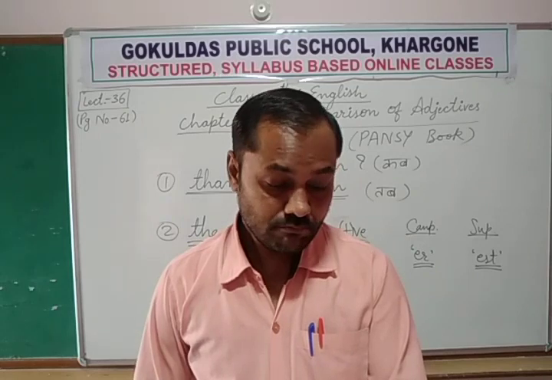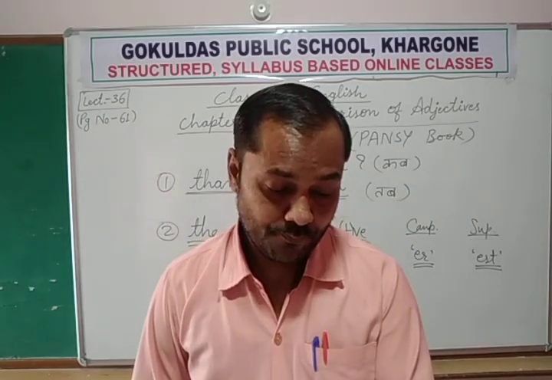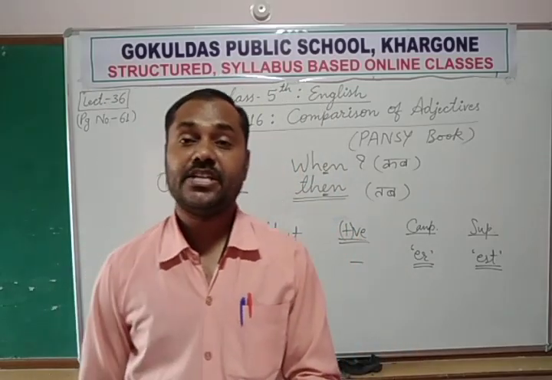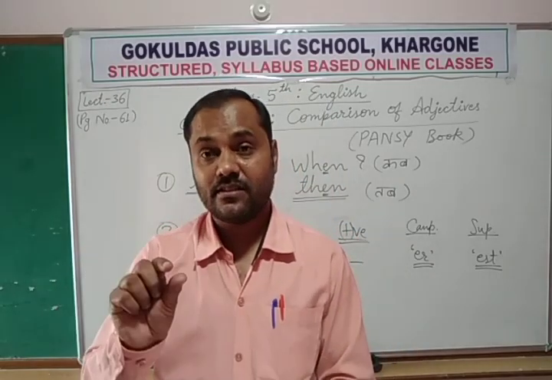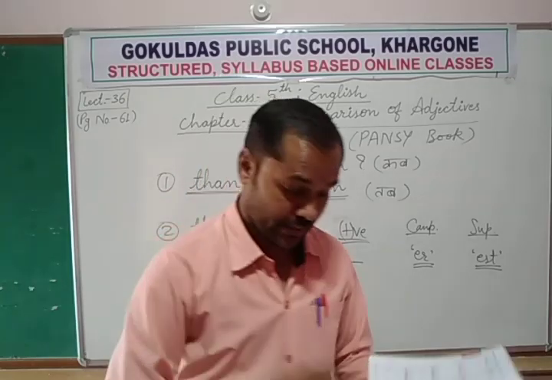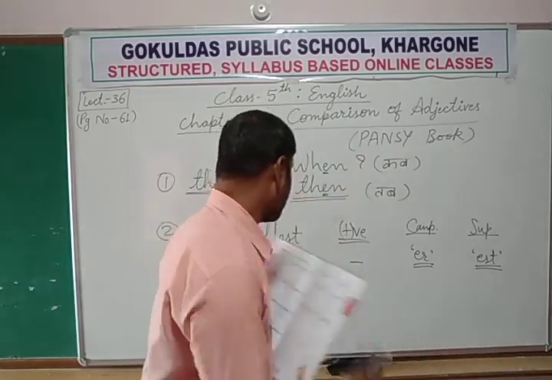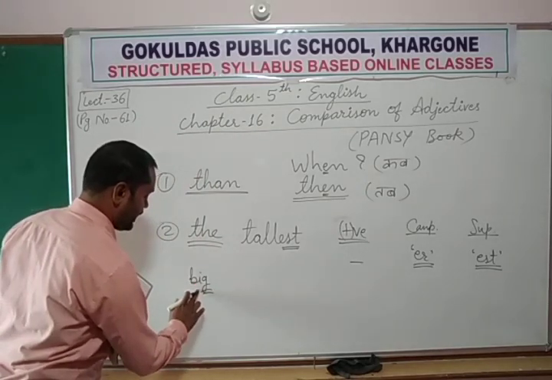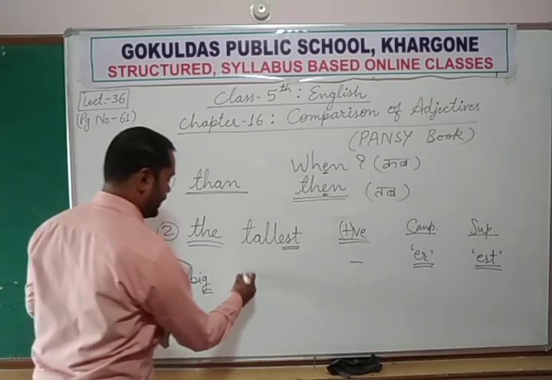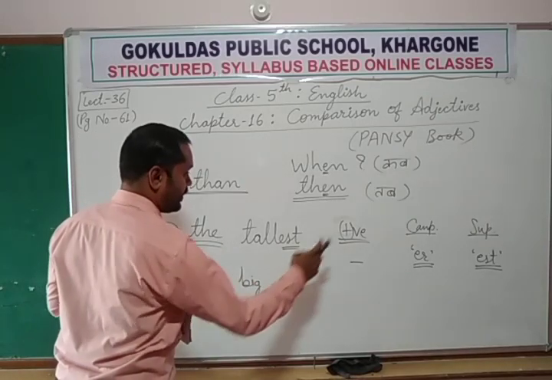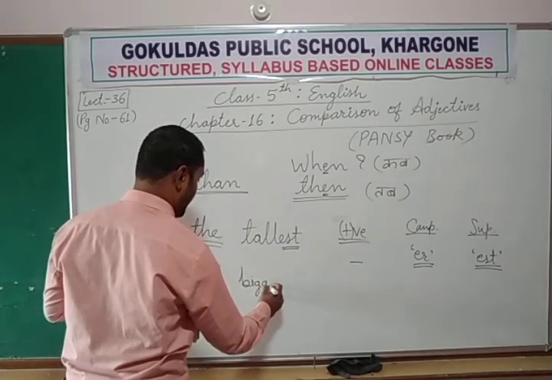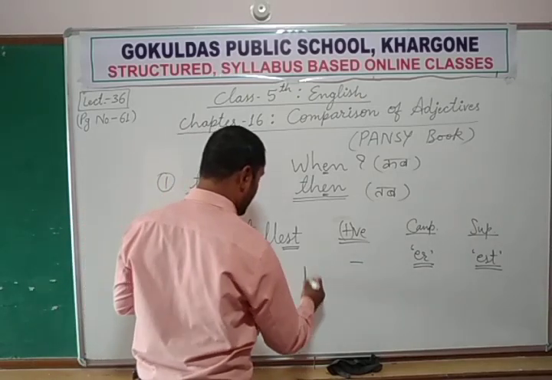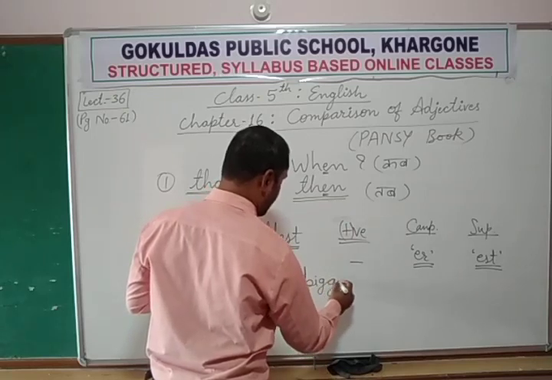Big, so bigger, and biggest. Biggest means the last letter of the word is doubled, then we add er. Here in big we have only a single letter g, but when we make it comparative degree, we double it first, then we add er: double g, bigger and biggest.